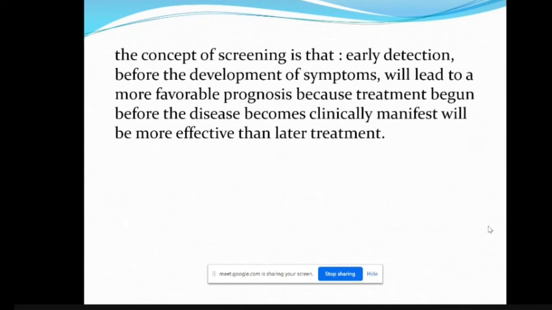Because in the preclinical period, before symptoms appear, we can apply appropriate treatment. This treatment is more effective than if it is given after symptoms appear.